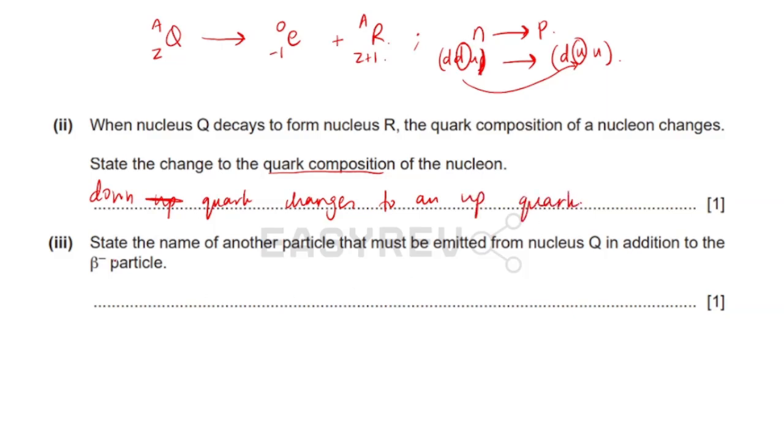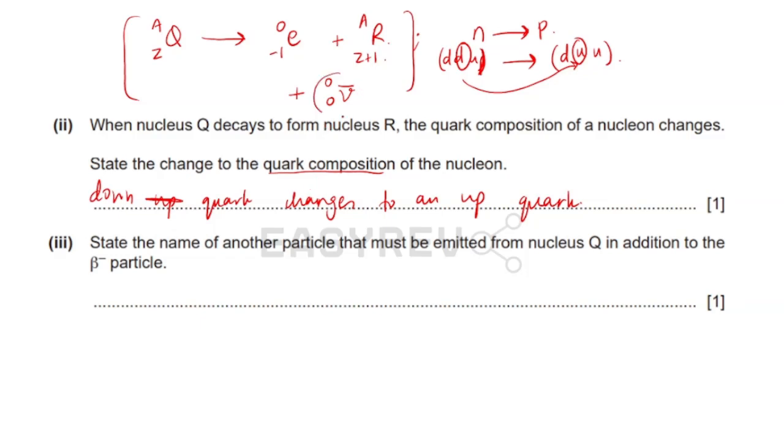Right? Now comes part 3. State the name of another particle that must be emitted from nucleus Q in addition to the beta minus particle. And this is where we recall that the other particle that needs to be emitted is what we call an antineutrino. It doesn't really create any changes in the nuclear composition because it in itself has no charge and has negligible mass.